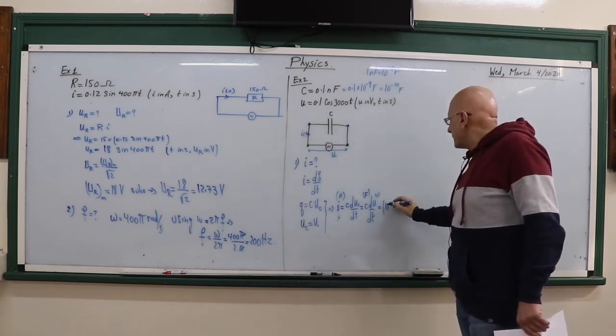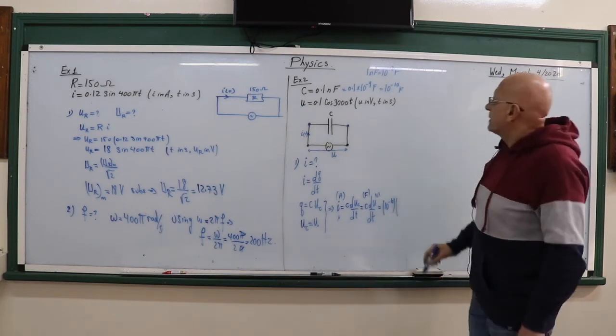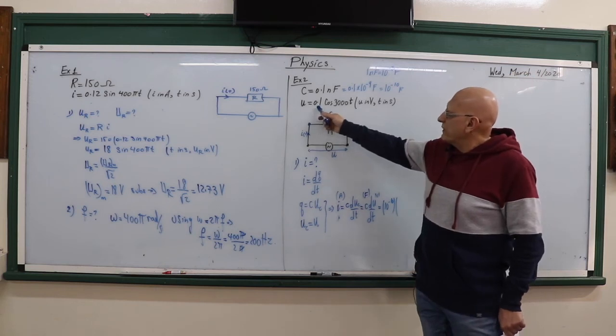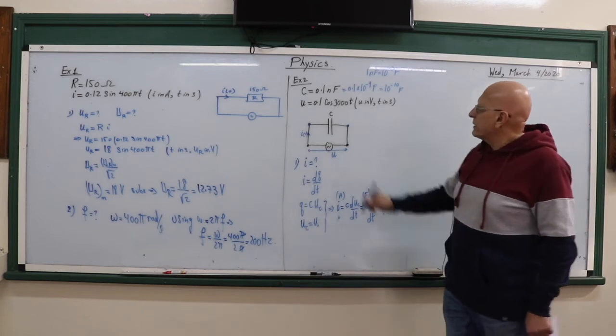Substitute: 10 minus 10 into the derivative. This is a constant multiplied, so I put it aside.